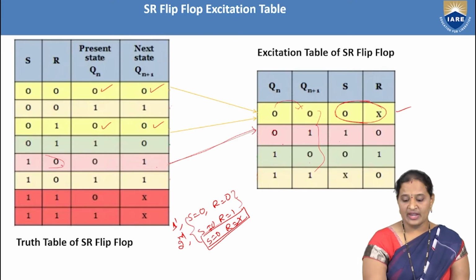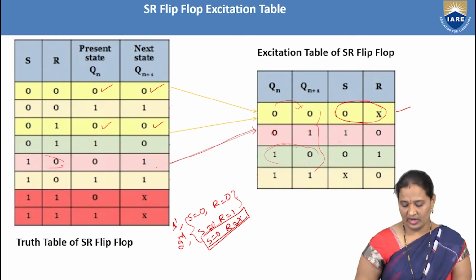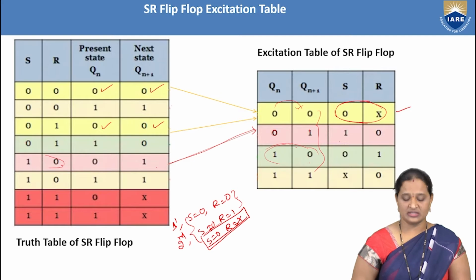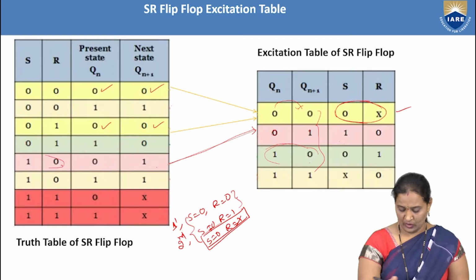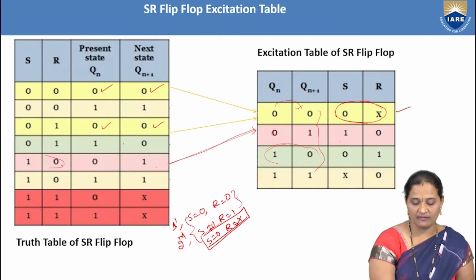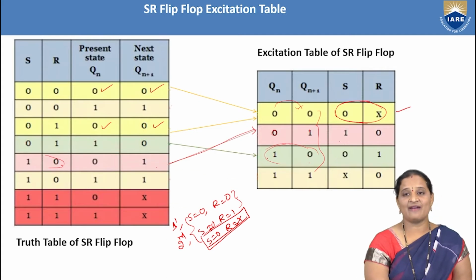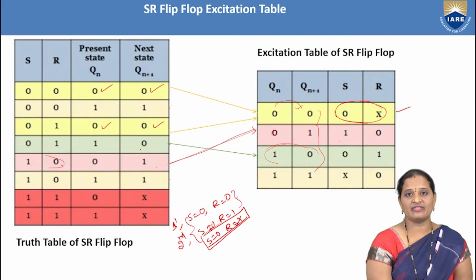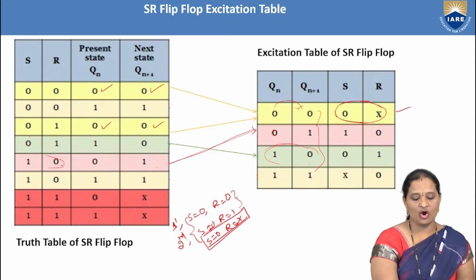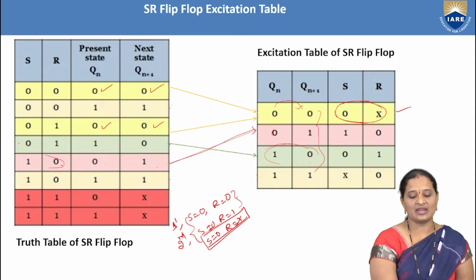Next column is 1, 0. If you observe, Qn is equal to 1 and Qn plus 1 is equal to 0. From the truth table, we can see that this has present state as 1 and the next state as 0, and in this case, the inputs applied are S is equal to 0 and R is equal to 1.